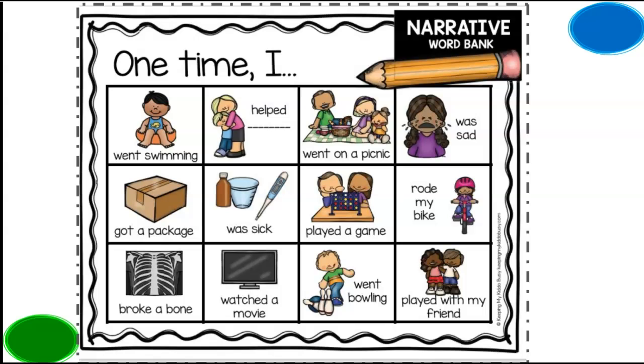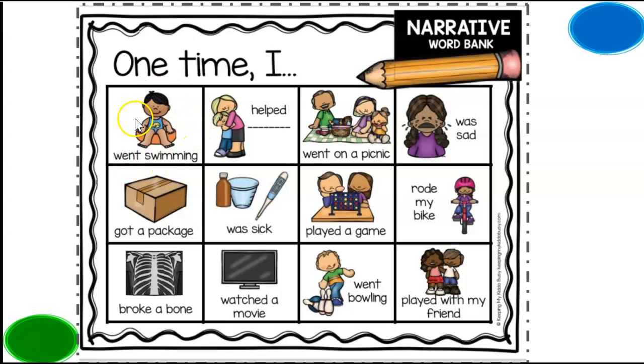So, what you're going to do is you are going to open up your journal page and you are going to copy this sentence: One time, comma, capital I. What did you do? You're going to finish that sentence. Here are some examples just to get you started to thinking about what you can tell Mrs. Pluta.